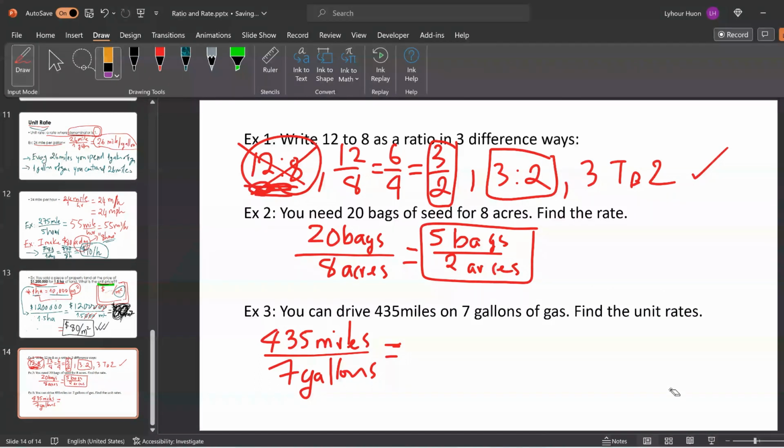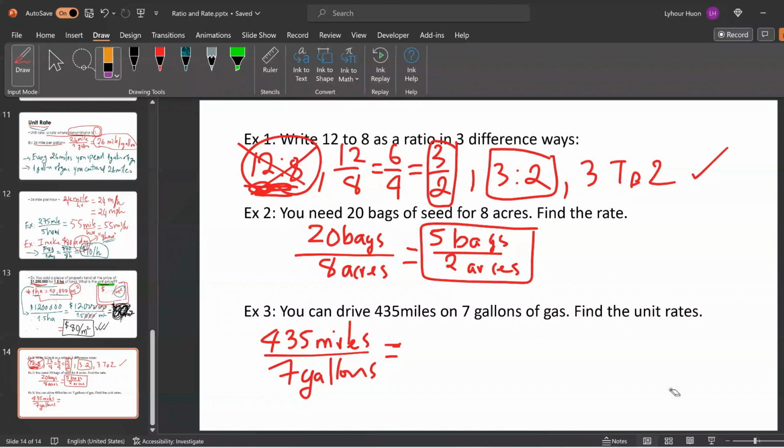I'm actually confused. Hold on. Where's my pencil? 435 divided by 7. 15 minus 14 equals 1.